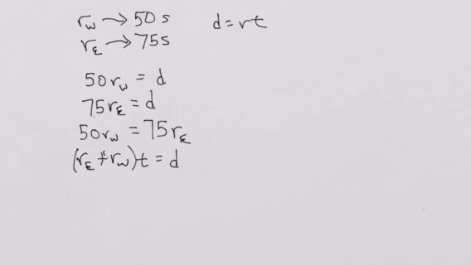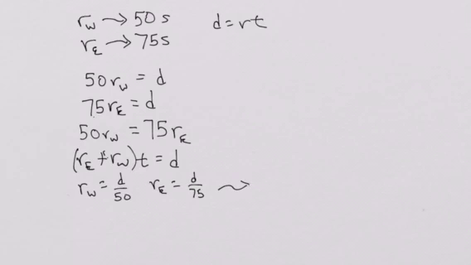But these two guys, again, I could do this in different ways, but the way I think I'm going to do it is I'm going to solve this first equation for R sub W, which means I want to divide by 50, and I can solve this equation by dividing by 75 to get R sub E. I'm going to get R sub W equals D over 50, and R sub E equals D divided by 75.